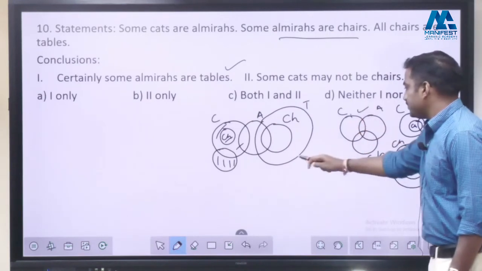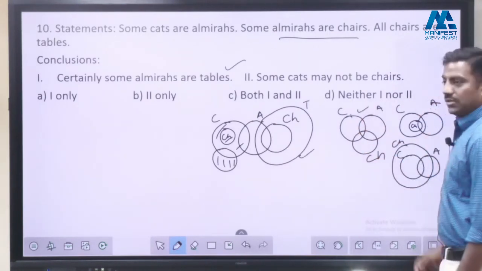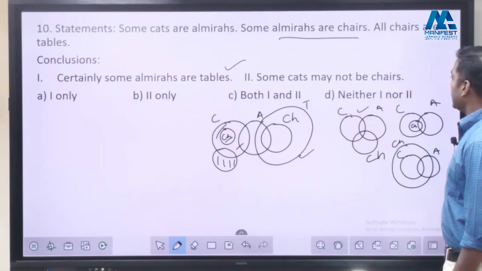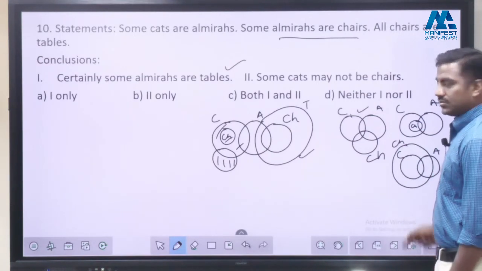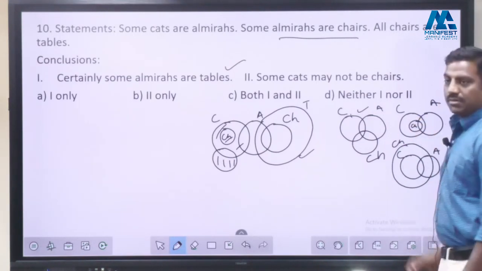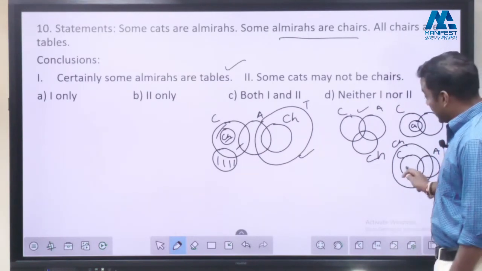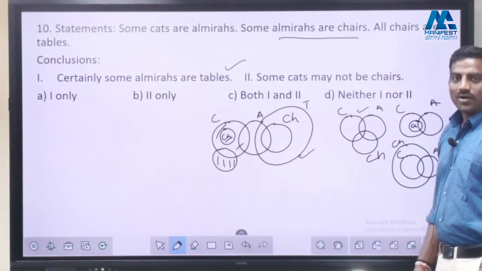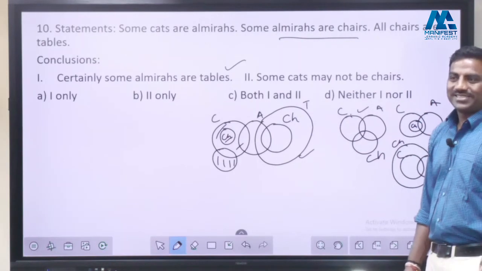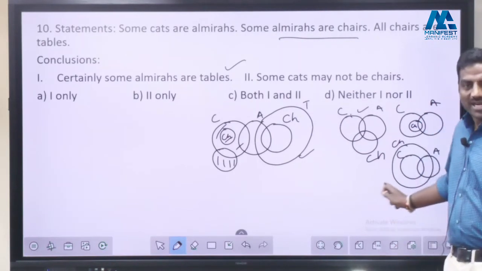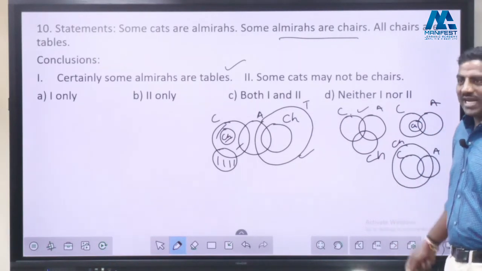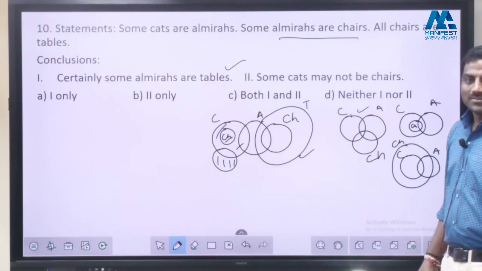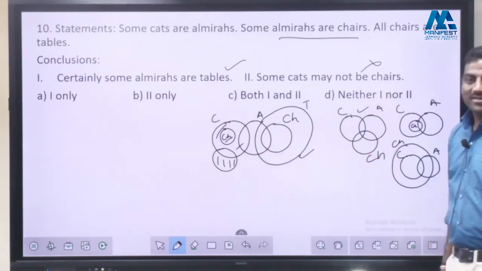Possibility here also. In this one, some cats may not be chairs. But in this case, all cats are chairs. Yes or no? Can I draw this diagram or not? All cats are chairs? So this is defeated.